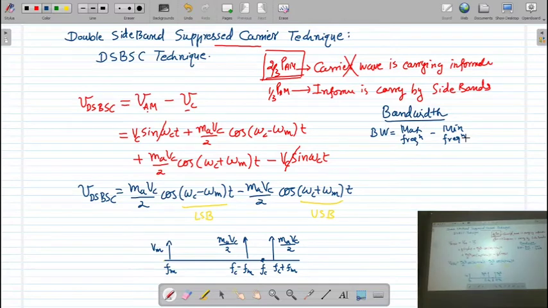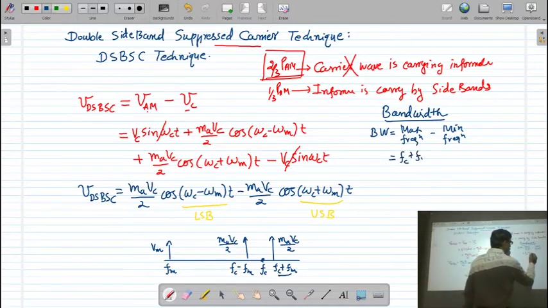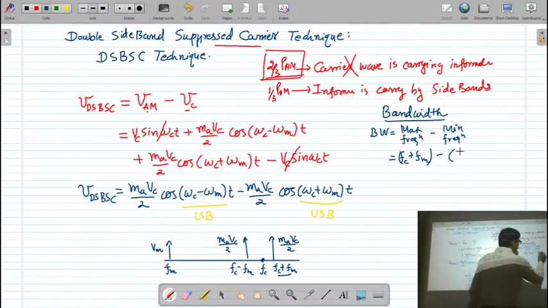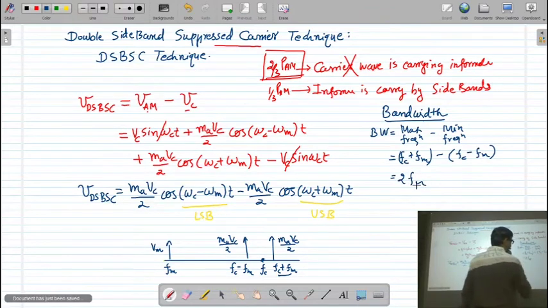In a DSBSC wave, the maximum frequency is Fc plus Fm and the minimum frequency is Fc minus Fm, and you can see it is 2 Fm.